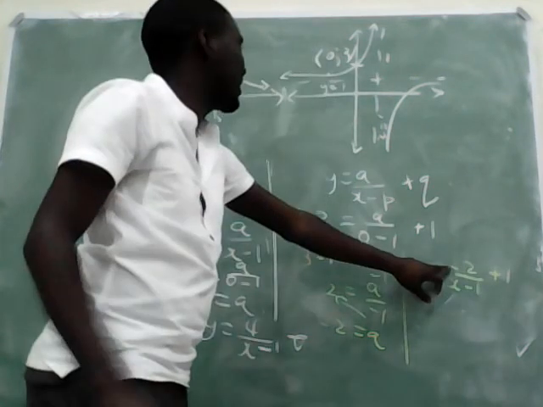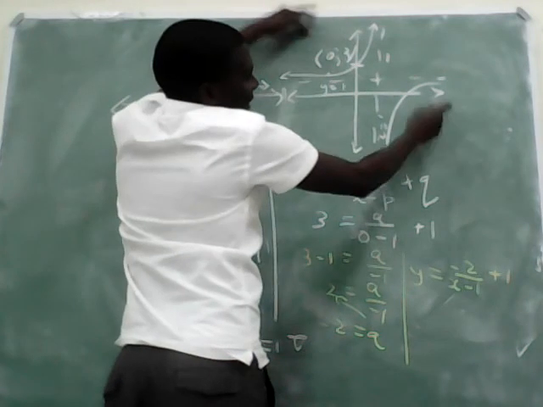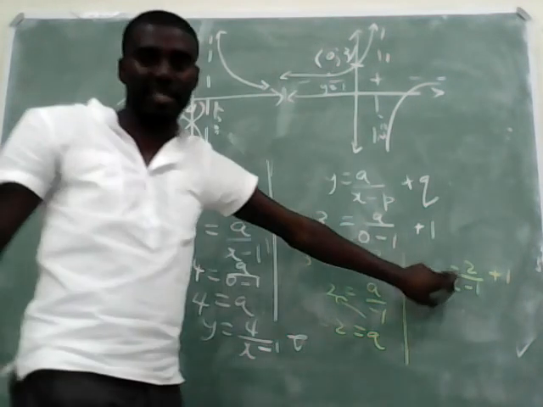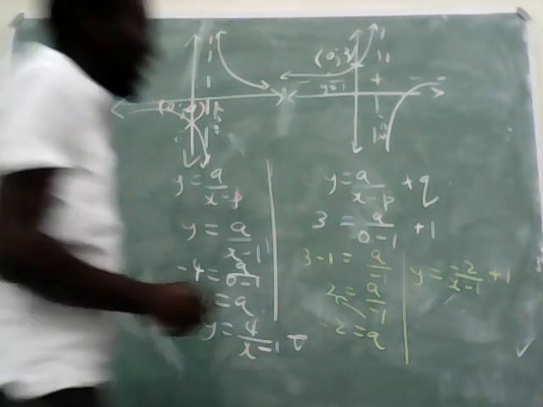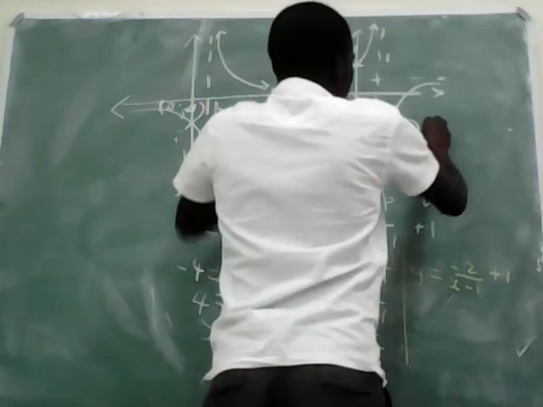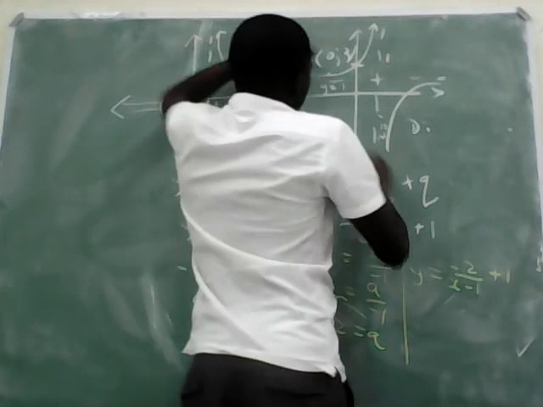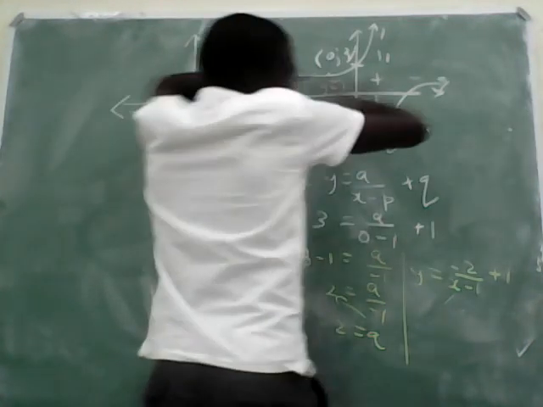Can you see that a is negative? That is why this graph takes the second and fourth quadrants, because a is negative. Now let's do the domain for this one. You're looking for x values going sideways.